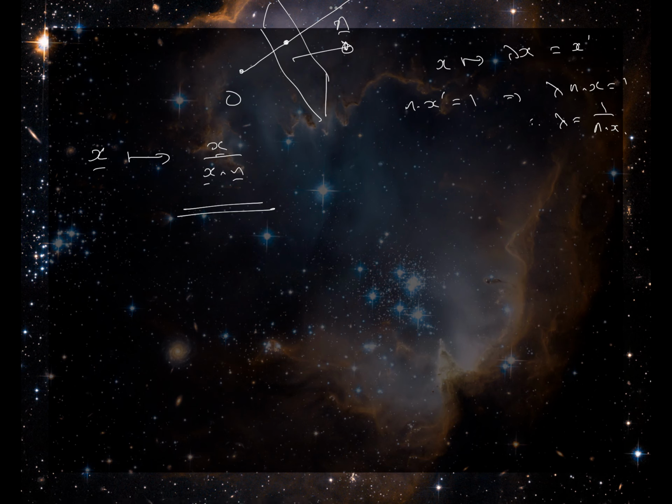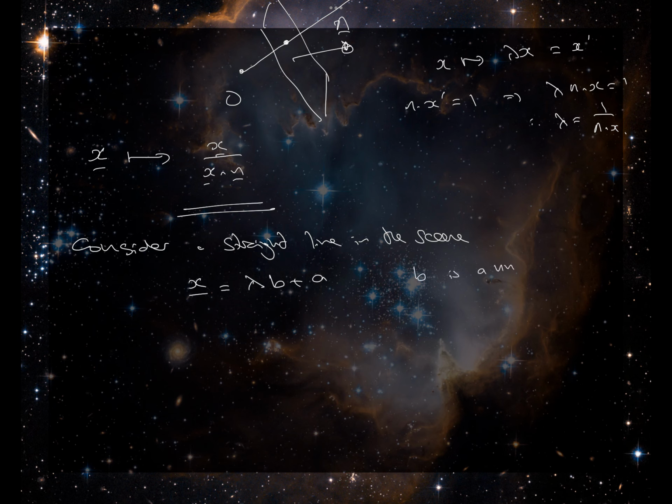Let's consider a straight line in the scene. So that's x is equal to lambda b plus a, where a is a point on the line and b is a unit direction. It doesn't have to be normalized, but there's no harm in doing so.